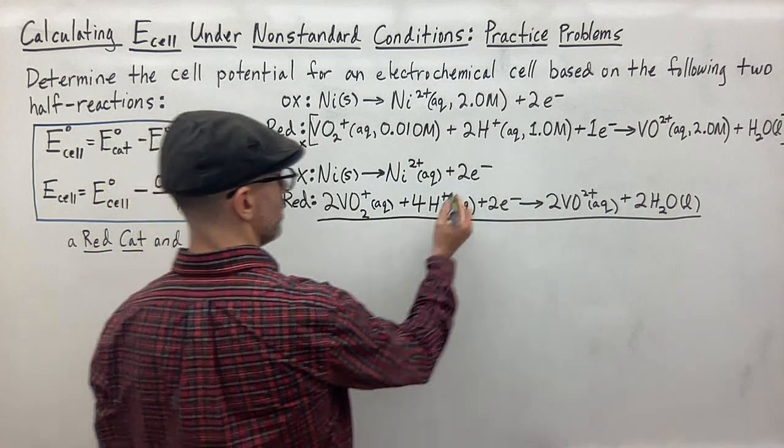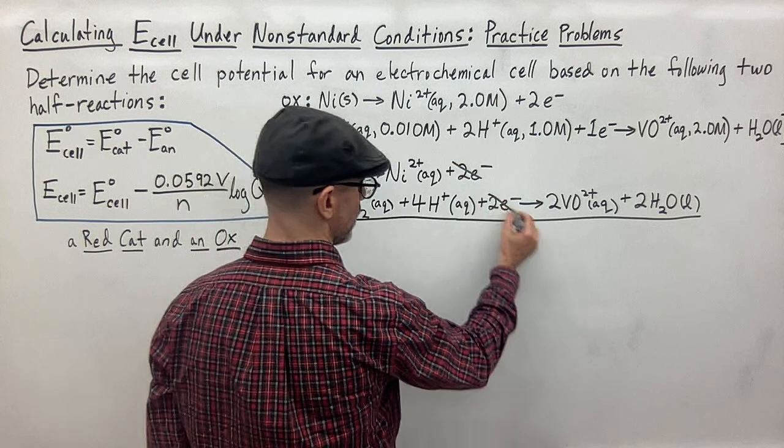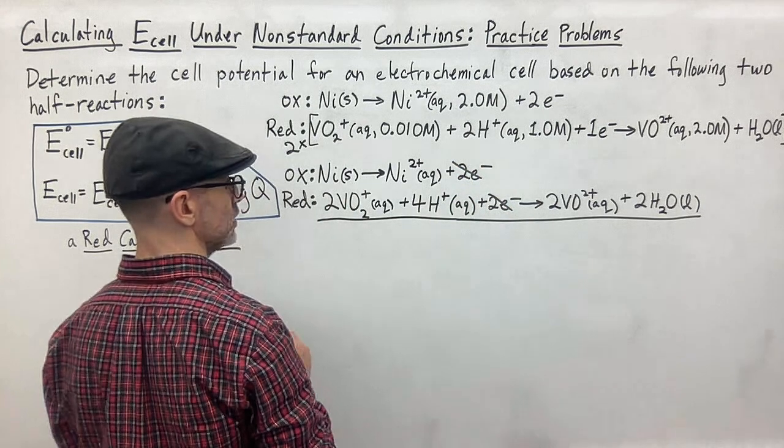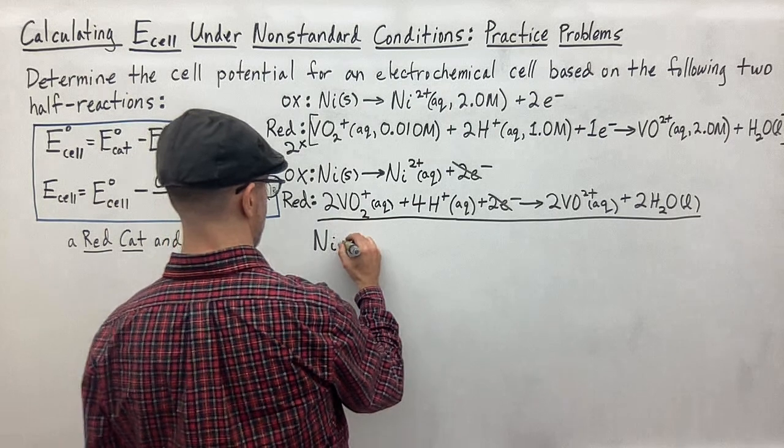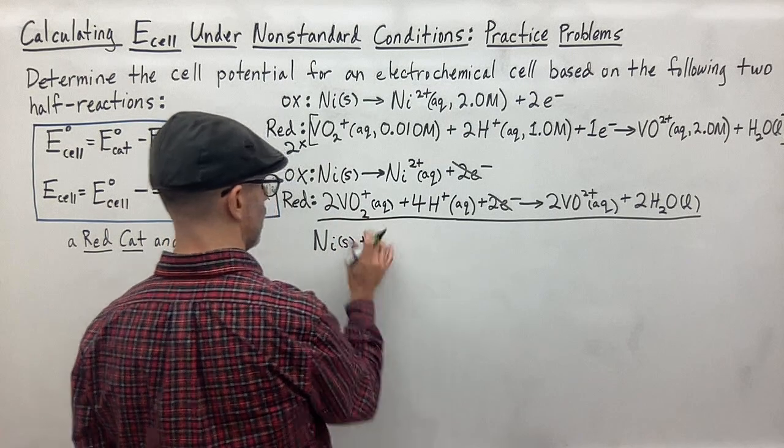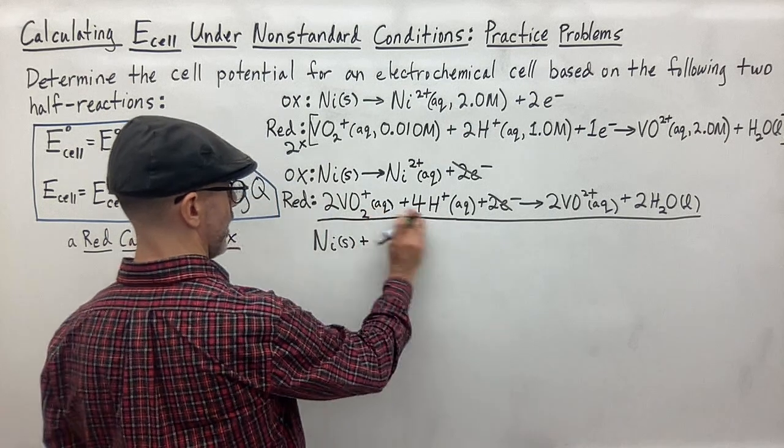So then the 2 electrons here and here are going to cancel out, and so we get Ni solid plus the reactants here.